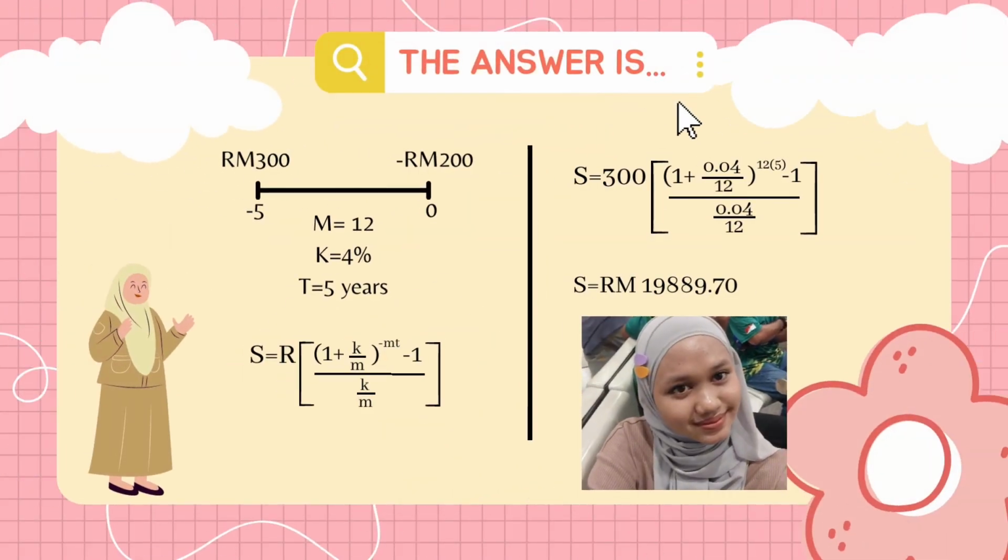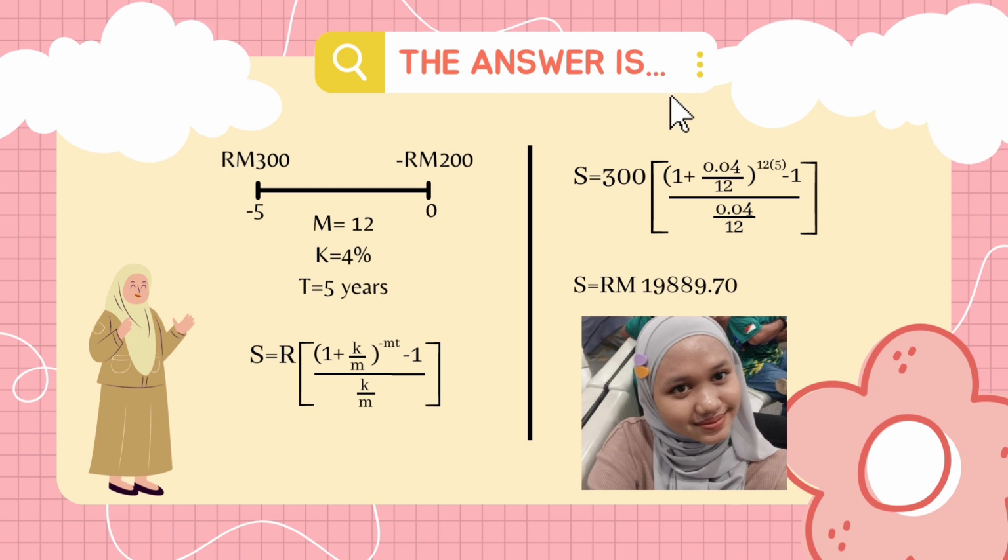First thing first, we need to find the important content in the question. We can see that M equal to 12, K equal to 4%, and T equal to 5 years. Second, we need to identify which formula should we use.